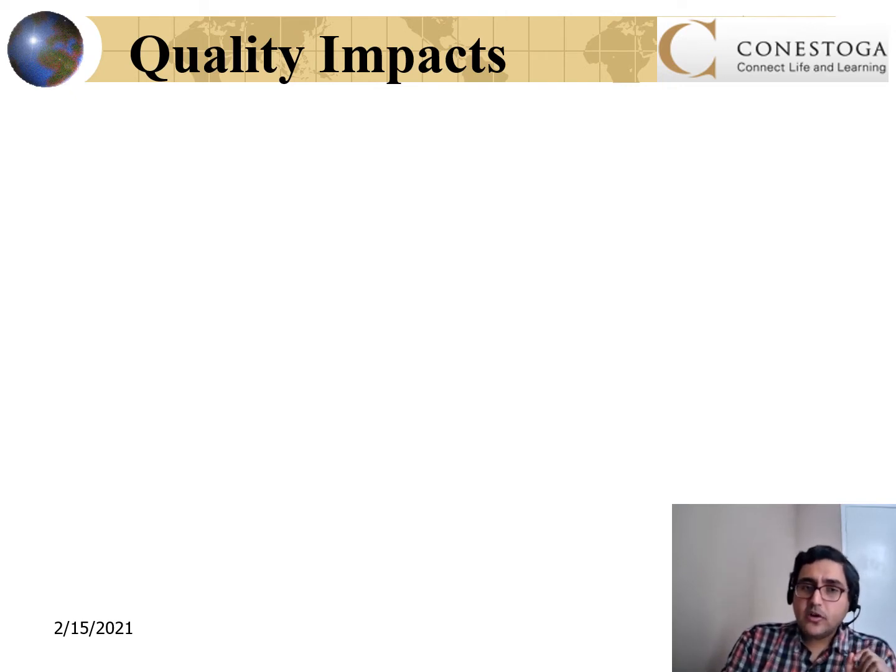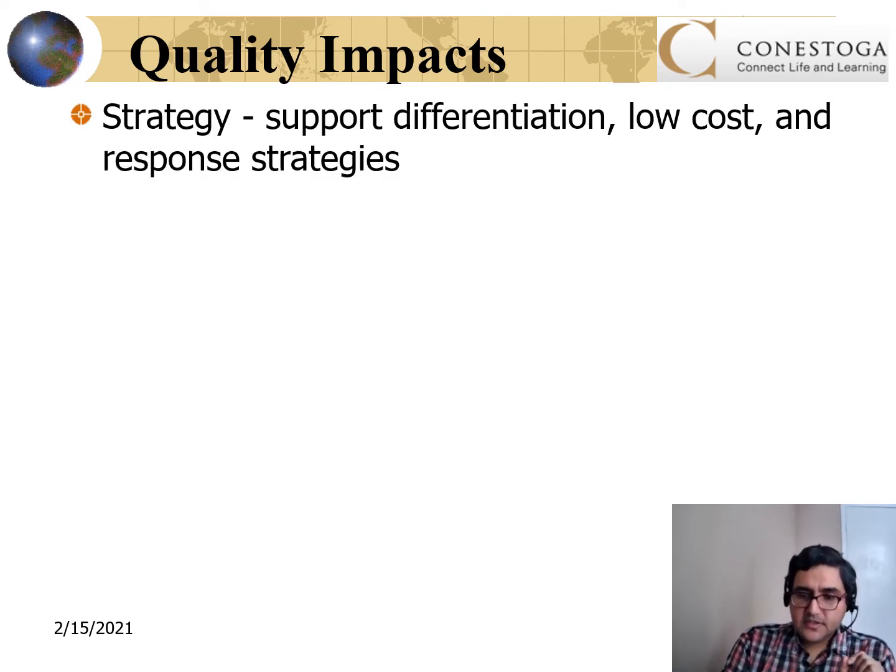Now, going on to the next topic, which is the impact of quality. We have seen the various strategies which could be adopted by organizations: differentiation, low cost, and response strategies. Now, quality has a very impactful role in all the strategies.